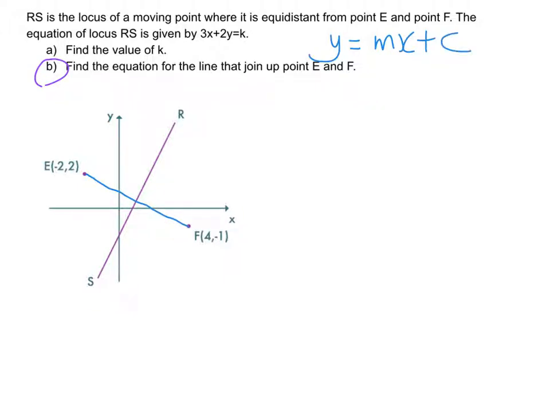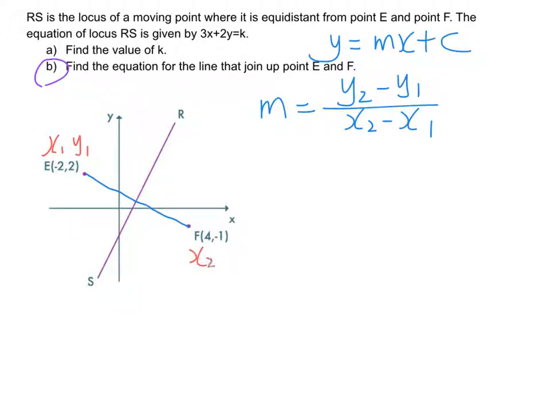Now the gradient m is given by the equation (y2 minus y1) over (x2 minus x1). Now let's make this one x1, y1, and this one x2, y2.